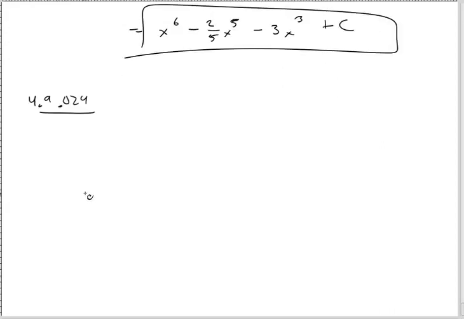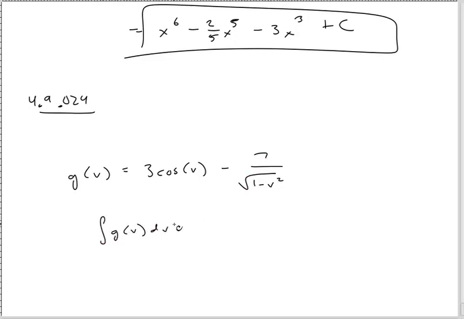Keep moving. So, I got g of v, which is the least convenient letter ever, equal to 3 cosine of v minus 7 over the square root of 1 minus v squared. And they say the integral of g of v dv is equal to capital G of v is equal to what?